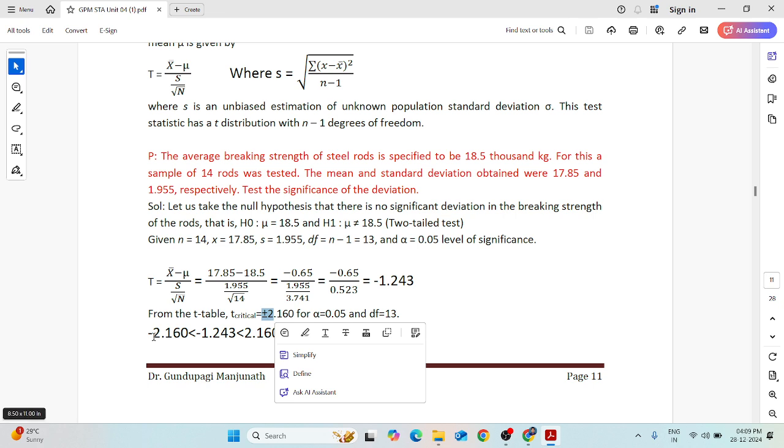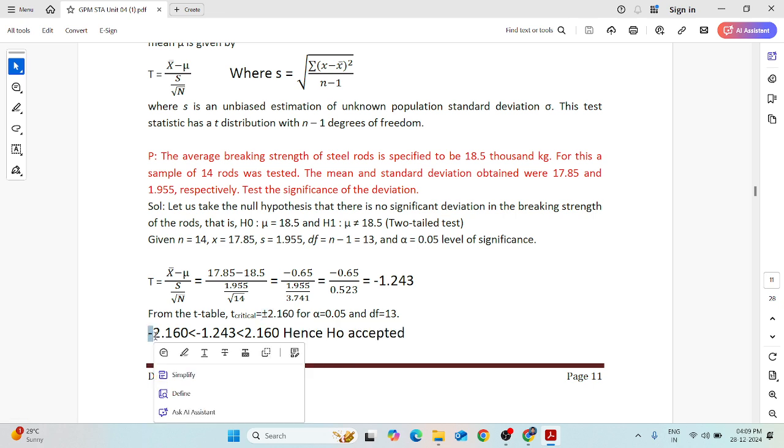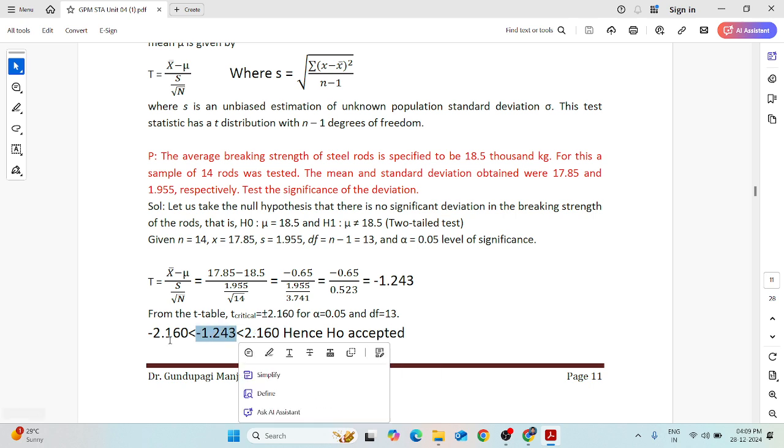Taking plus or minus 2.160, this is the left tail value and this is the right tail value. Our calculated value, minus 1.243, lies between minus 2.160 and 2.160, so H naught is accepted.